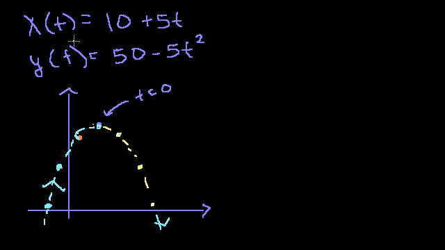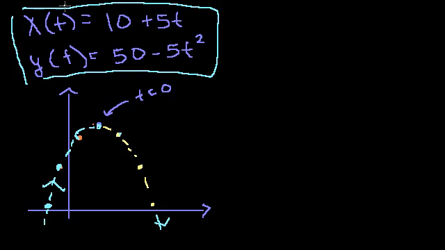So in the last example, our path was actually just a subset of the path described by this parametric equation. And I'm saying all of this because sometimes it's useful to just bound your parametric equation. Say, this is the path only for certain values of t. And in our example, it was when we leave this point, which is at t equals 0, all the way to when we hit the ground.